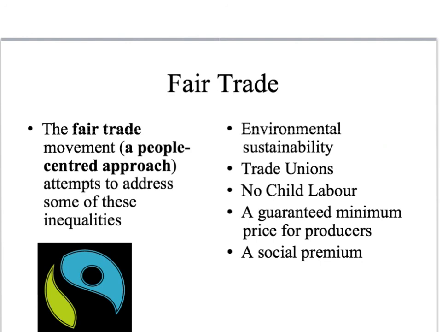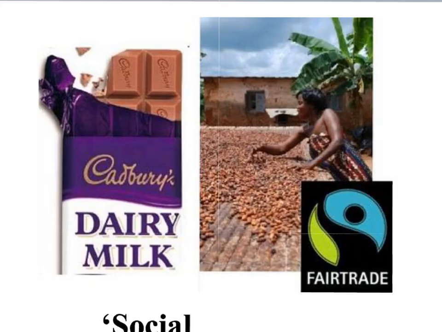And farmers are paid a guaranteed minimum price, which means that they can stay in business even if the price for their commodity goes down dramatically on global markets. And finally, the social premium is an extra amount of money that goes into community projects to help with things like health and education and environmental projects.